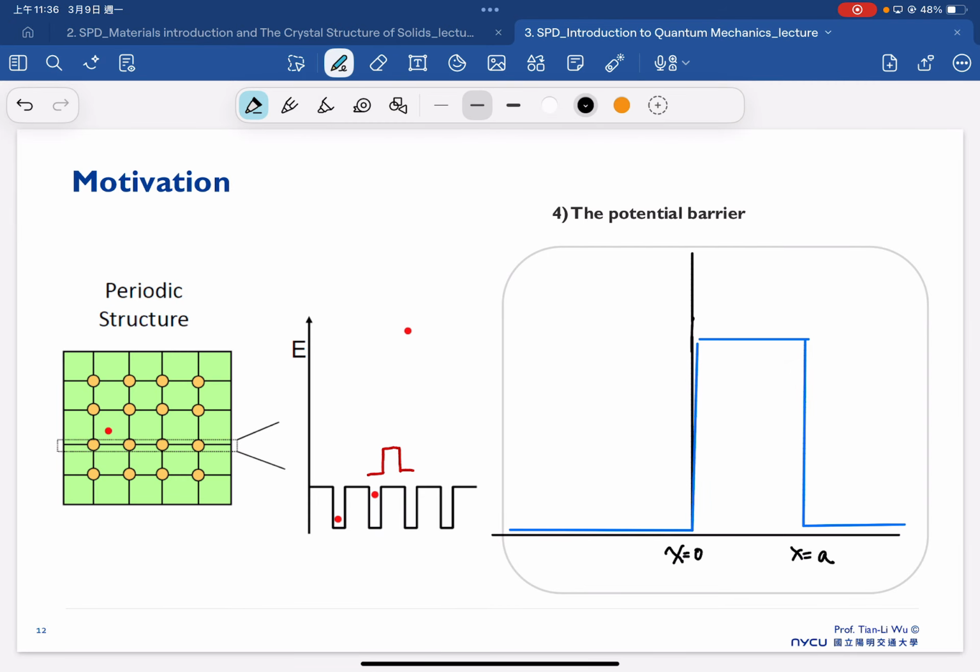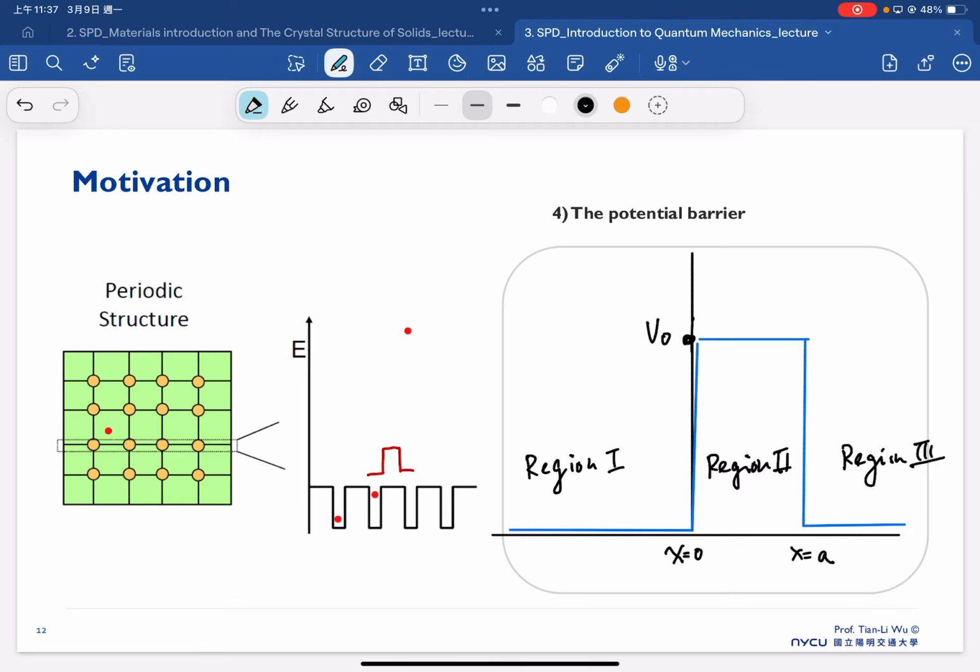And here we can also divide it into 3 regions: region 1, region 2, and region 3. And now we consider V0 for this potential barrier.